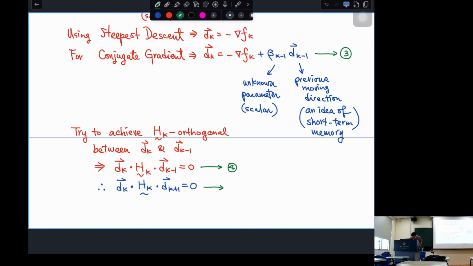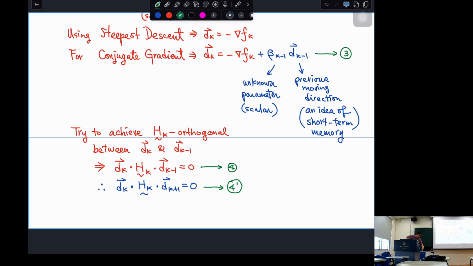So let's call this 4 prime, an additional equation right there. Okay? So it's going to be valid for any iteration number k. We want this to happen.